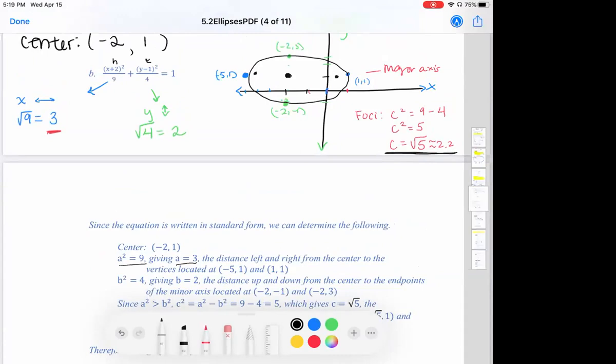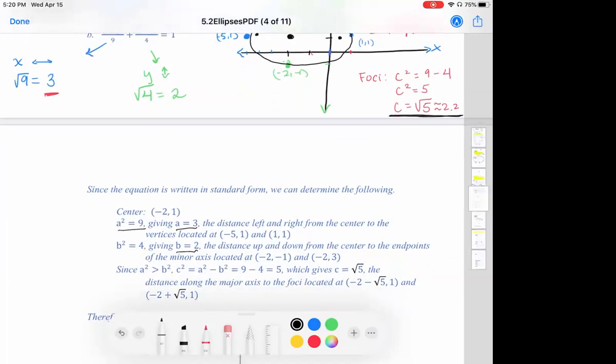The distance left and right from the center to the vertices is located at -5, comma 1 and 1, comma 1, which is what we have in blue. B squared is 4. We take the square root, and b is 2. The distance up and down from the center to the endpoints of the minor axis is located at -2, comma -1 and -2, comma 3.